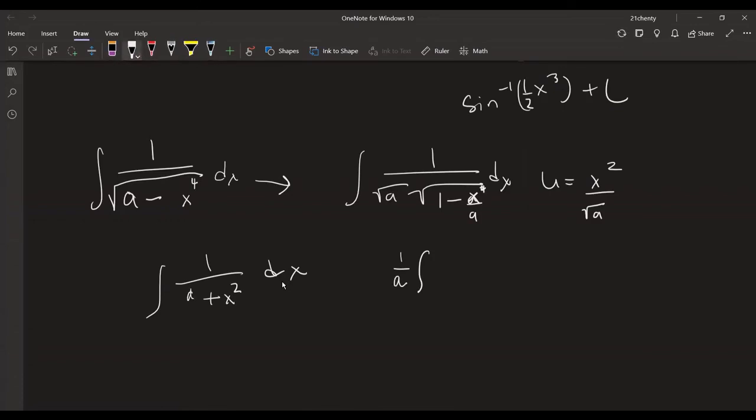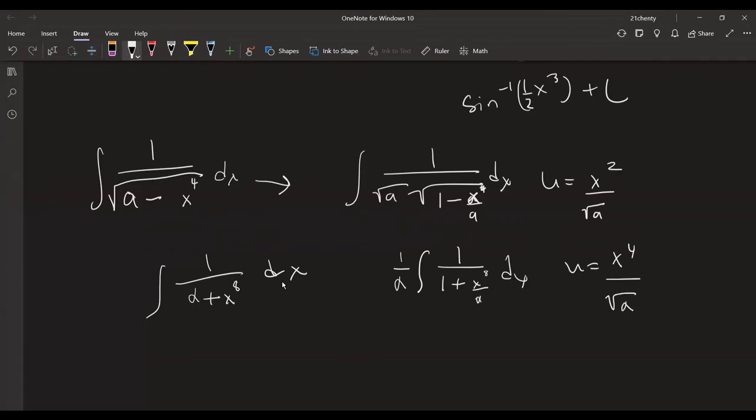Now it's a d. We'll use alpha. 1 over 1 plus, this doesn't have to be squared, it could be like x to the 8th power over alpha. And then in this case, u equals x to the 4th over rad alpha.